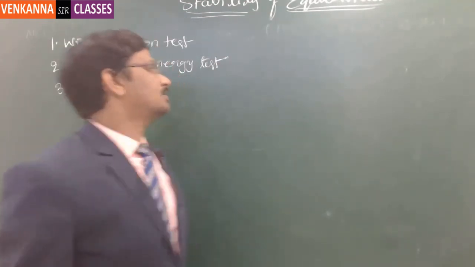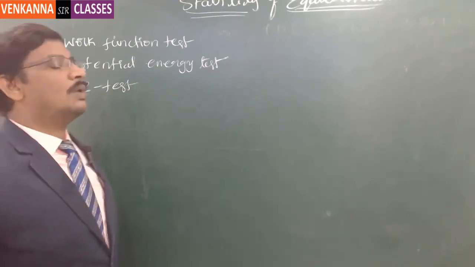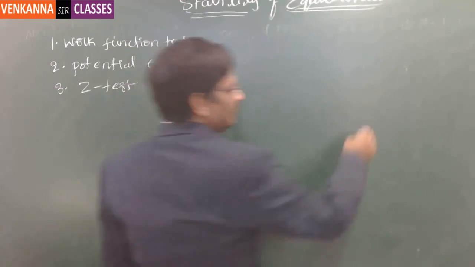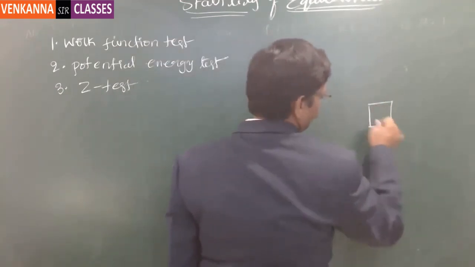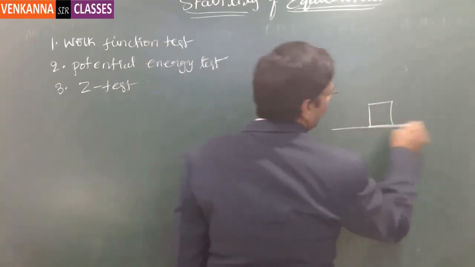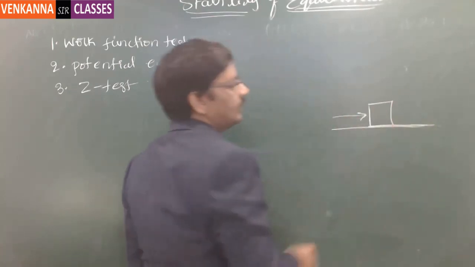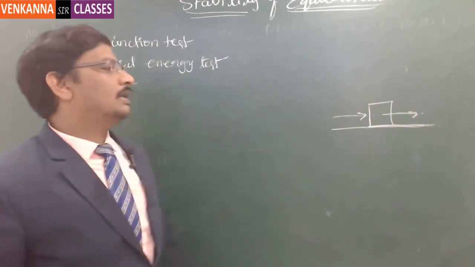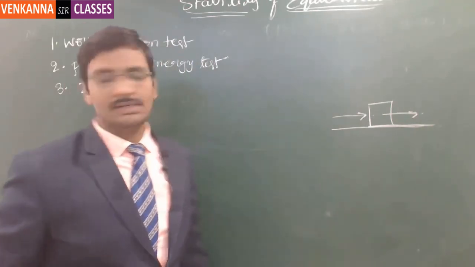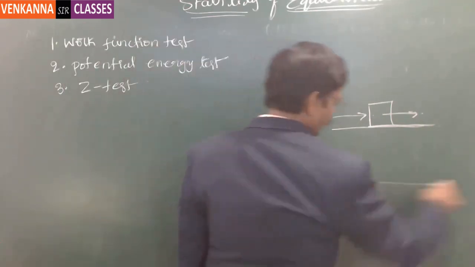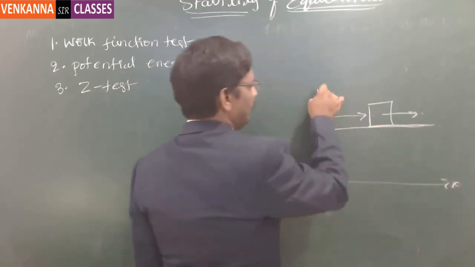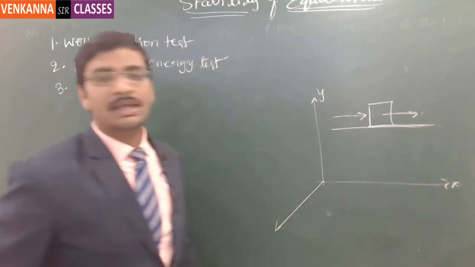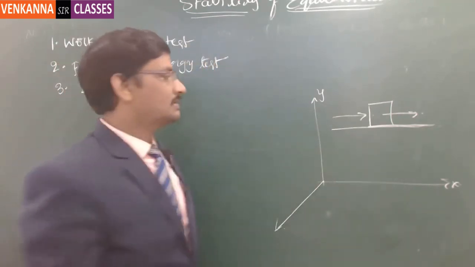Before understanding this, we need to understand what a work function is. Suppose there is a body like this, and on this body you apply a force like this, which makes a displacement like this. If you put it on the coordinate axes, this is the x-axis, this is the y-axis, and this is the z-axis, the analysis will be much more systematic.